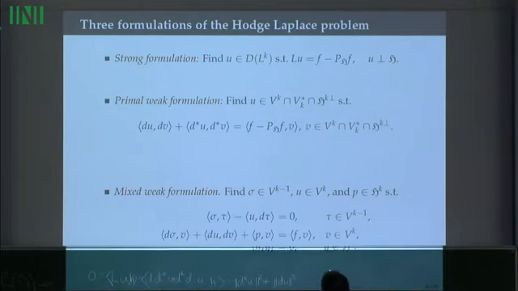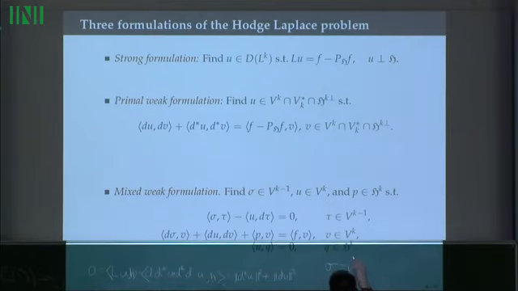So I'll write it down here so we don't forget. Then we have another equation: d of sigma, that's d of d star u, plus d star du equals f minus the harmonic forms. So that's what we're doing.